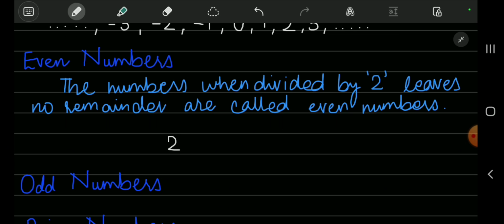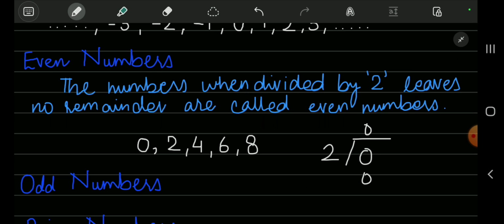These are 2, 4, 6, 8, and we also count 0 as an even number. Why? Because according to this definition, when we divide 0 by 2, it leaves no remainder. So 0 is also included in the even numbers.